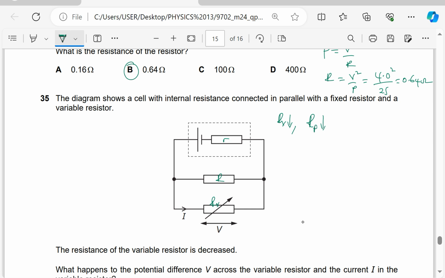When you have resistors in parallel and one becomes smaller, the total resistance in parallel becomes smaller, which also means the total resistance in the whole circuit decreases when added to small r. If the total resistance in the circuit decreases, it means the total current in the battery increases.